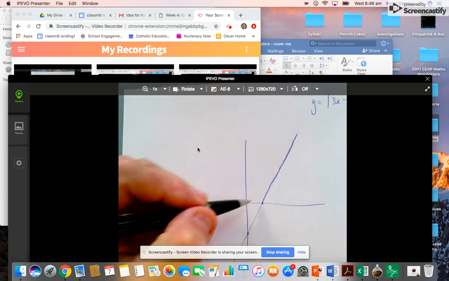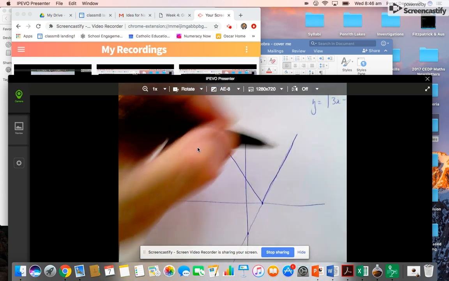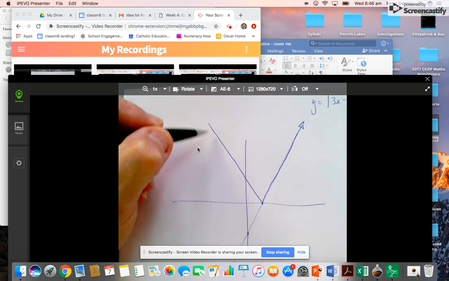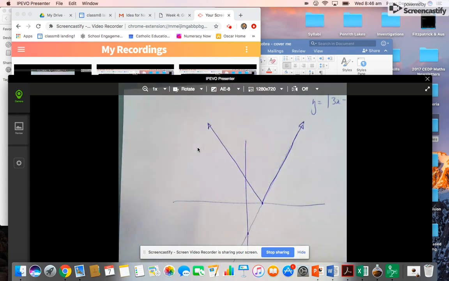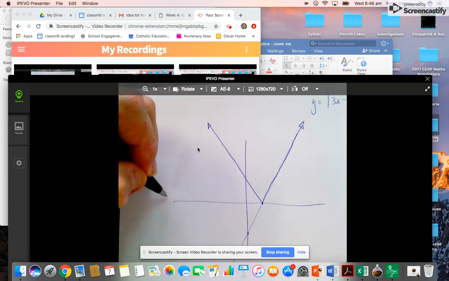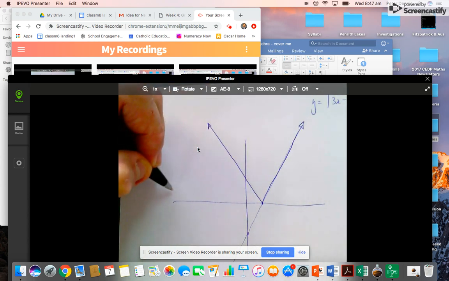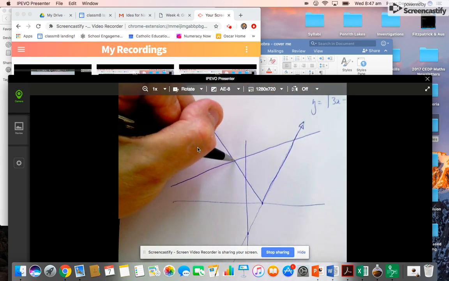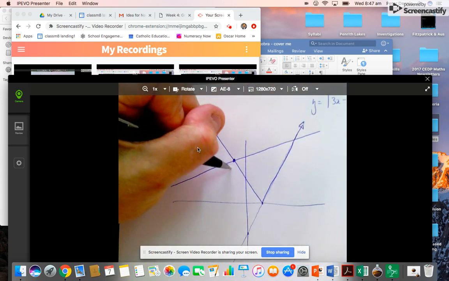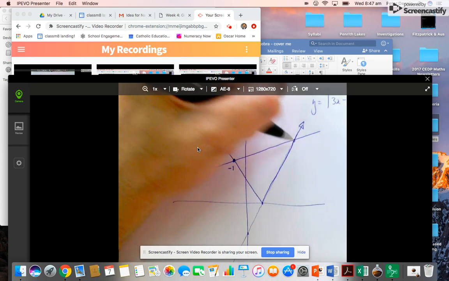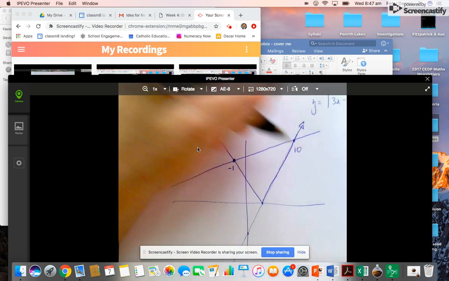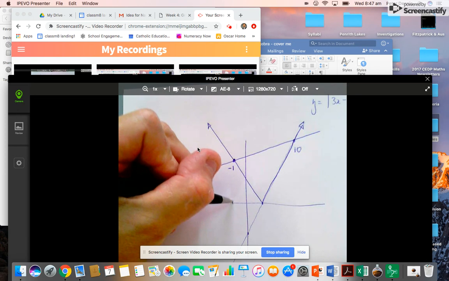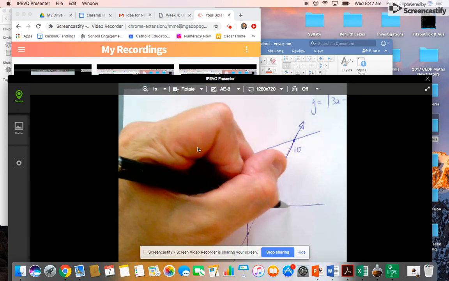So it would look like this. That's the absolute value of 3x minus 2. And then we've got y equals x plus 6, which is a line like that, where this is the point minus 1, and this is x equals 4.